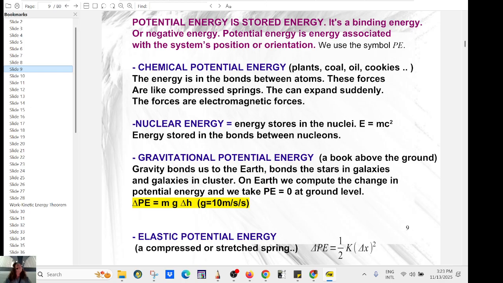And then you have nuclear potential energy inside the nucleus, right? So you break a nucleus, you release that energy because you are losing mass, mc squared.